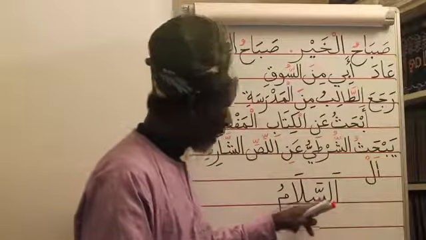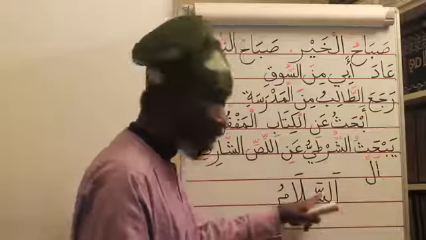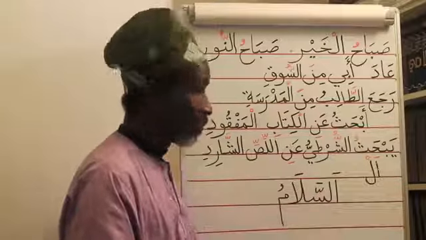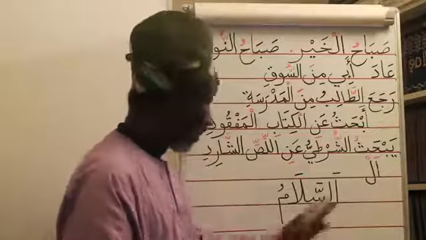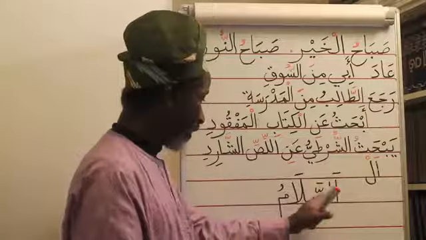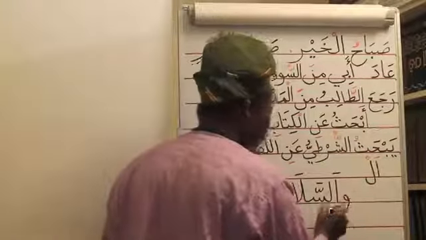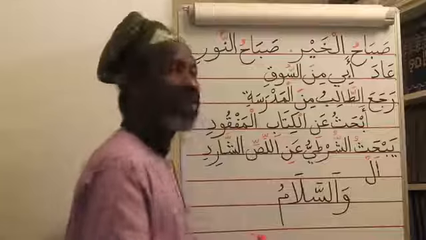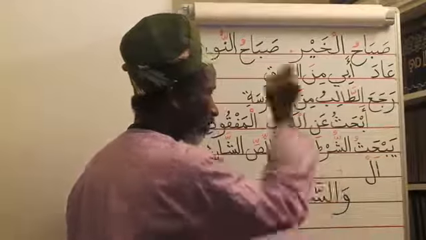As-salamu. This sin is a sun letter. That's why it's carrying the shadda after L. And that's why the sukun of lam has been removed. So, as-salamu. What about if I say wa, and the peace? The alif also becomes silent.